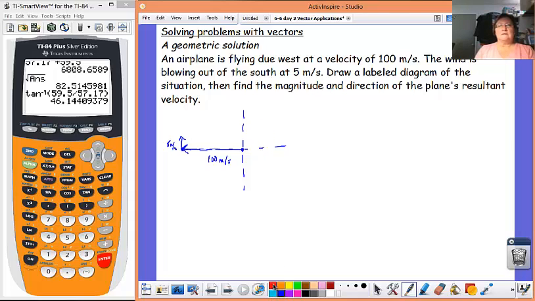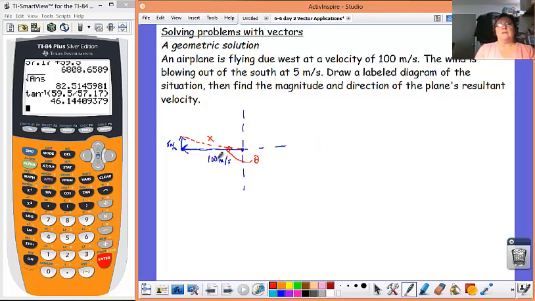Well, if you recall from our discussion of vectors, when we have them drawn tip to tail like this, the resultant is the vector that goes from the origin, where you started, to the tail of the second vector. So we're looking to find this value, that's our magnitude, and we're looking to find that angle, a little tiny angle right in there.